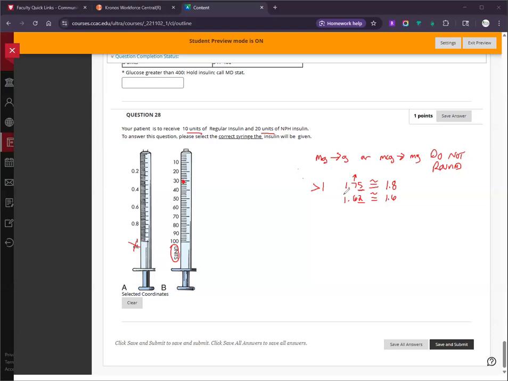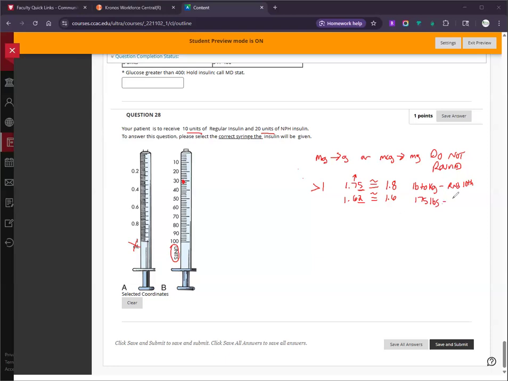The other time that this comes into play is when you're going from pounds to kilograms. Then you would again round to the nearest tenth. So if you have somebody that weighs, let's just say, 175 pounds, and I divide that by 2.2, as long as it doesn't work out evenly, I'm going to get 79.545454 repeating.